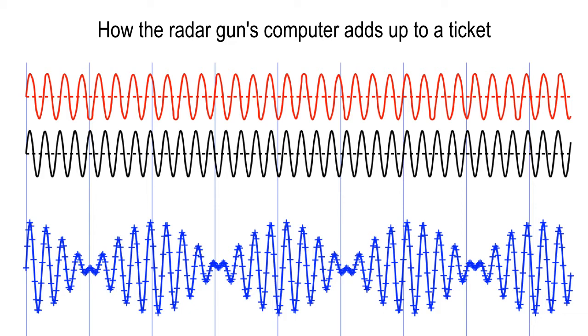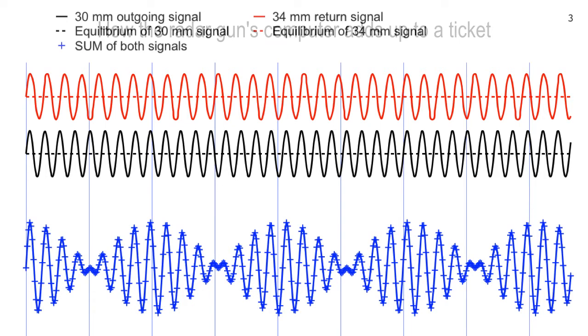So the top signal in red and the second signal below that in black are the incoming and outgoing. The black one in the middle, the second signal down, is the outgoing signal. I designed this picture so that it would have a nominal wavelength of 30 millimeters, and the return signal would be a little bit longer wavelength, 34 millimeters.